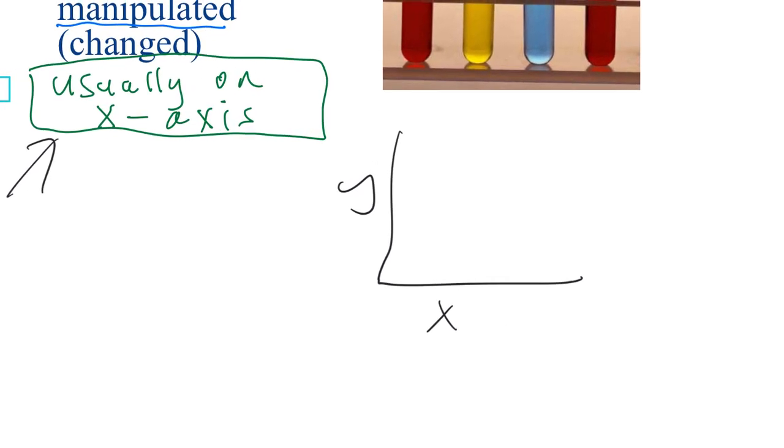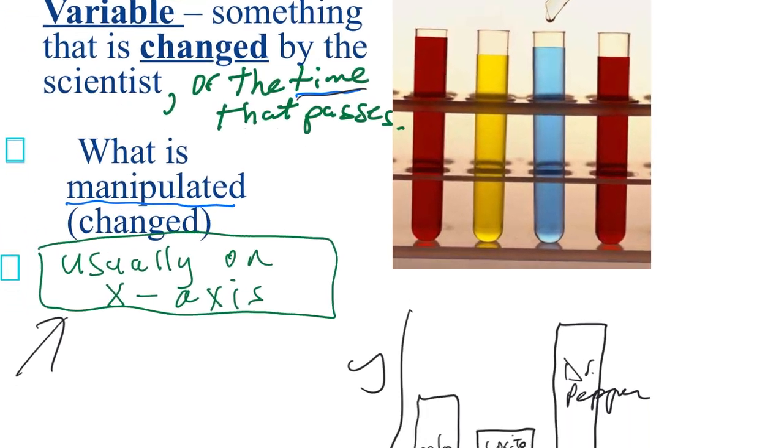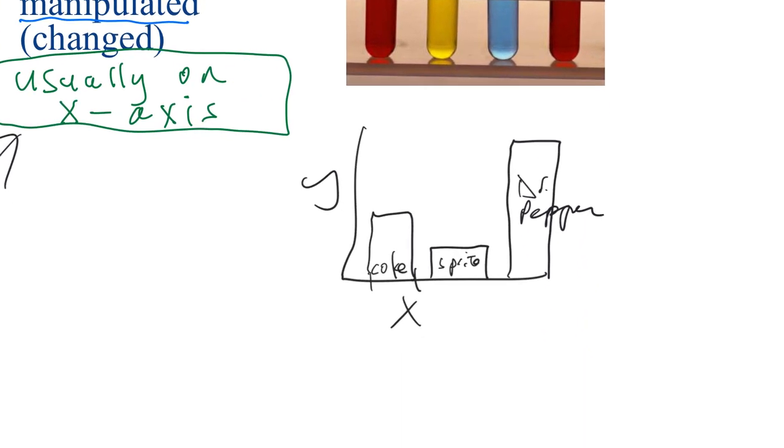So if I were to plot my results from my soda experiment on the plants, I would have here a category for Coke, I have a category for Sprite, and I have a category for Dr. P. And these would be the independent variable, the thing I'm changing, the type of soda I'm changing.